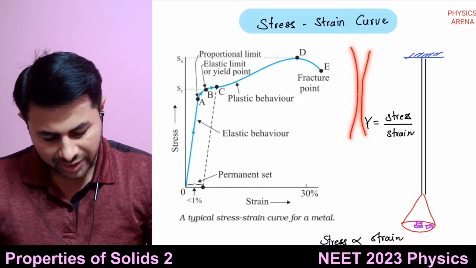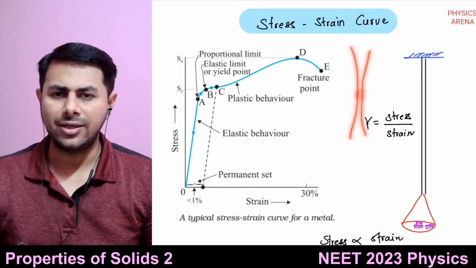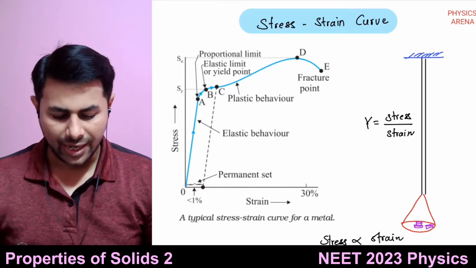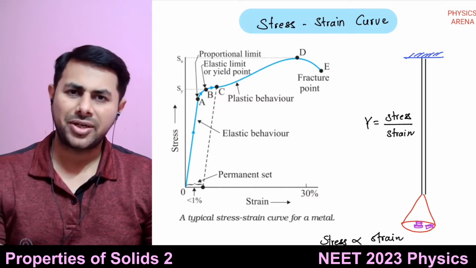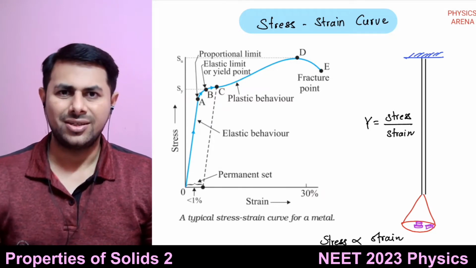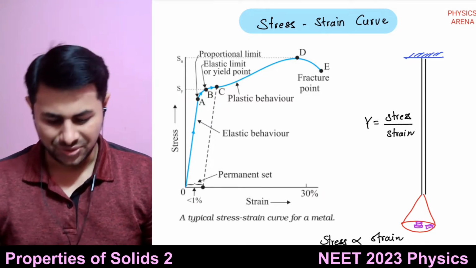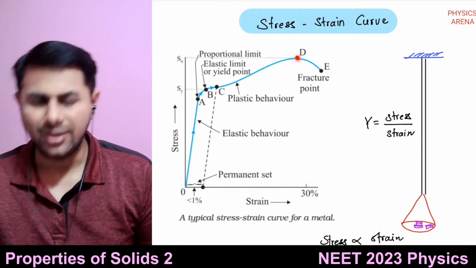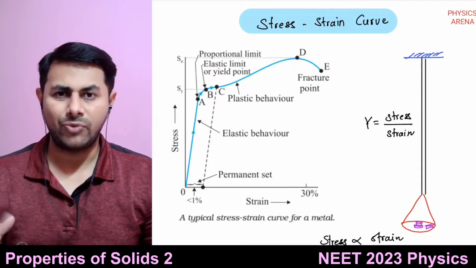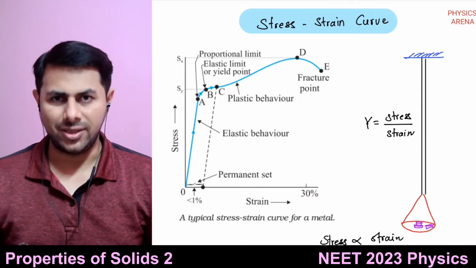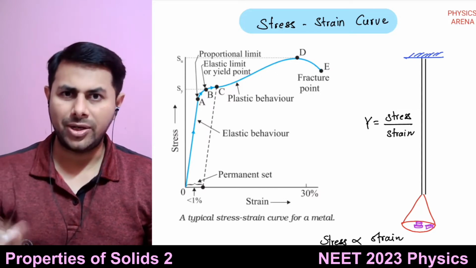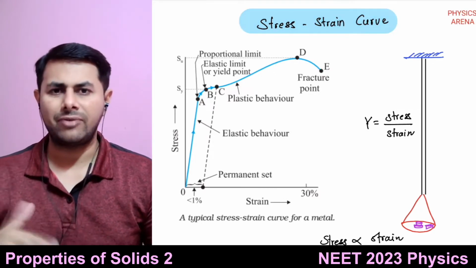So a very thin region is formed in the wire. It is known as the neck. And after that, even if you reduce the stress, the strain will increase. So after the point D, even if you reduce the stress, the strain will increase. And one point will come where the wire will break.